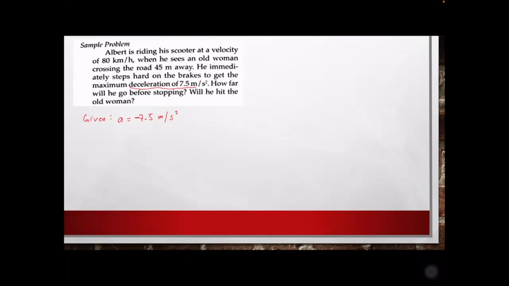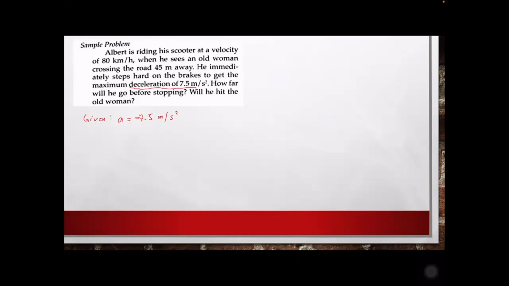Kaso the question is, if we have the woman 45 meters away, tapos meron pa rin tayong question, how far he will go before stopping? Do you think we are going to use this 45? Anyone? Tingin nyo ba, gagamitin natin yung 45 kung ang tanong is how far pa rin?